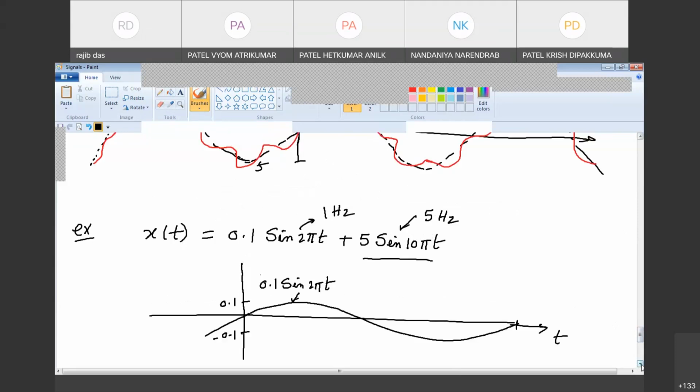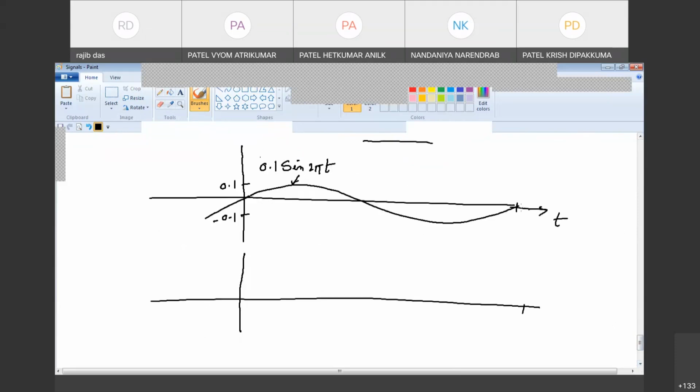So it is implied that when it completes one cycle, in that time the other should have 5 cycles, because this is 1 second. In 1 second, it completes one cycle; that's how it is 1 hertz. Within the same 1 second, I should have 5 cycles: 1, 2, 3, 4, and 5.